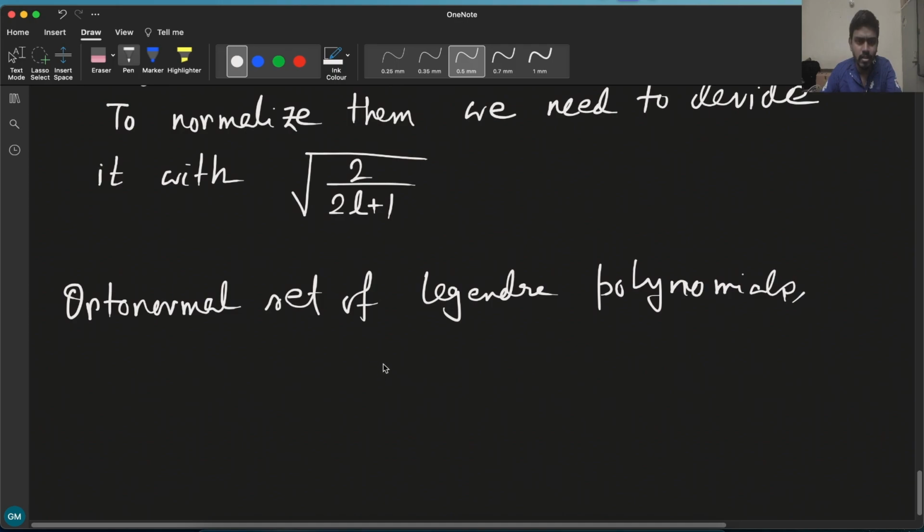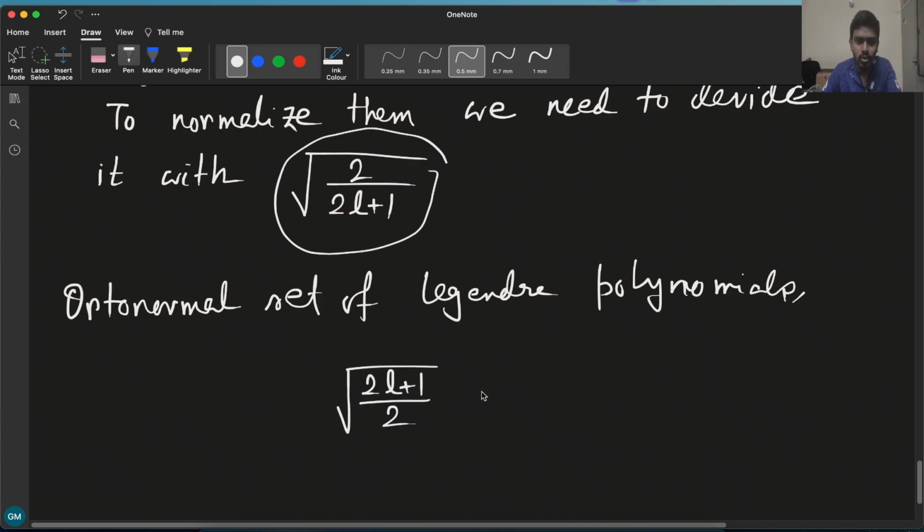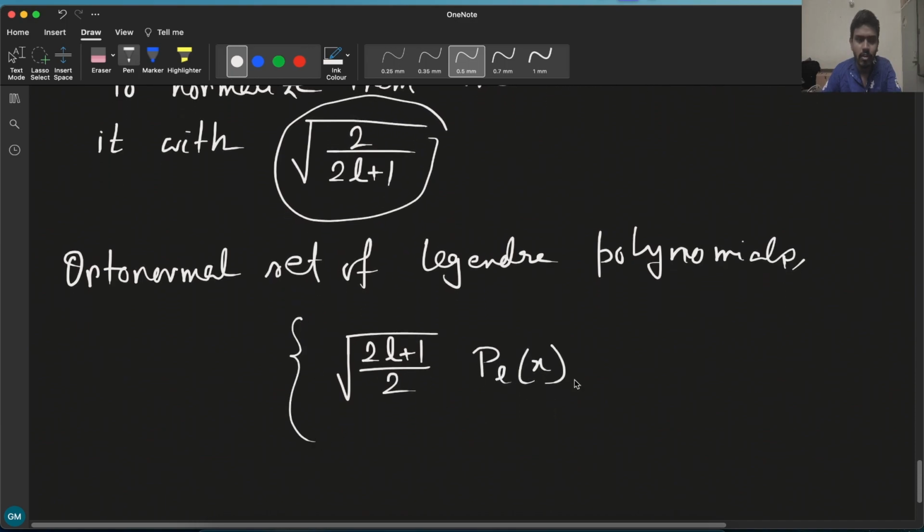Those can be written as, if I divide it with this quantity, then it is basically root under (2L plus 1) divided by 2 times PL(x). So this for different L equals 0, 1, 2. So these are the orthonormal set of Legendre polynomials.